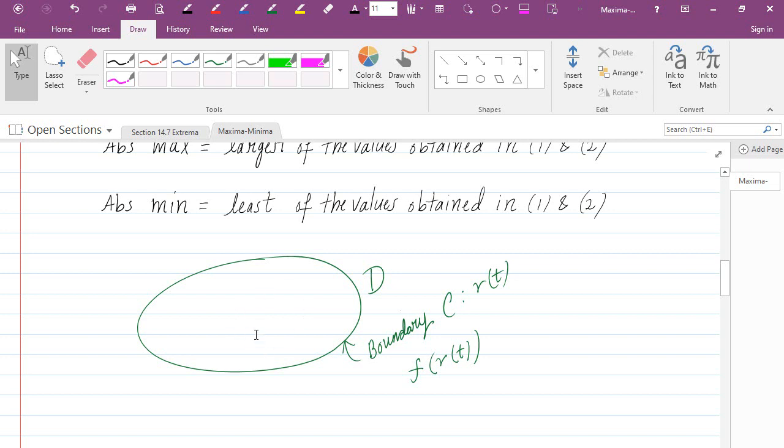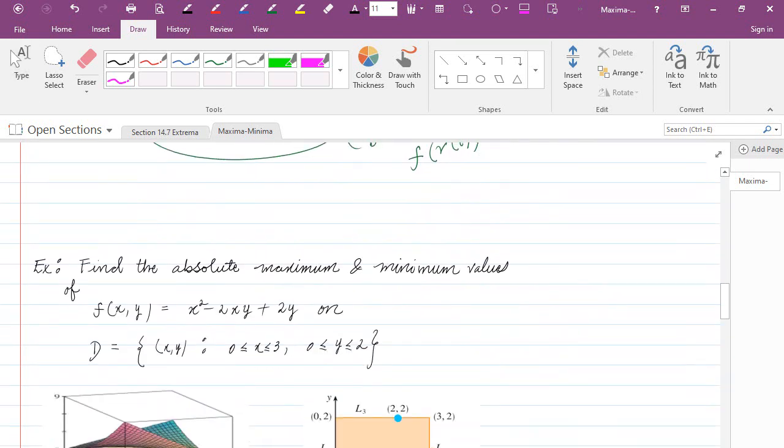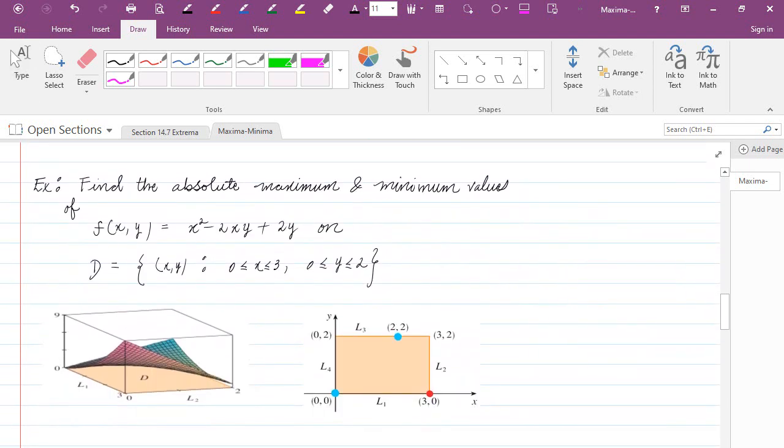So we need to find critical points inside of D and evaluate f at the critical points, and then we find the max and min of f on the boundary of D, and then we compare them to find the absolute max and min. So let me illustrate that on this example.